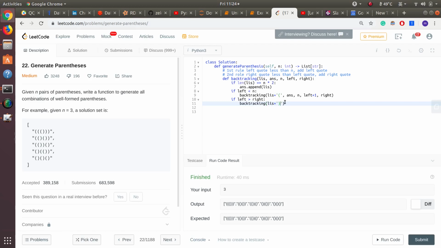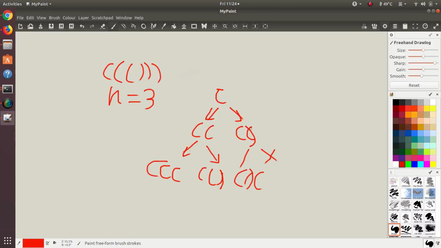Here we add the right quote, answer, then n, then left, then right plus 1, because we need to make up the two routes at the same time.